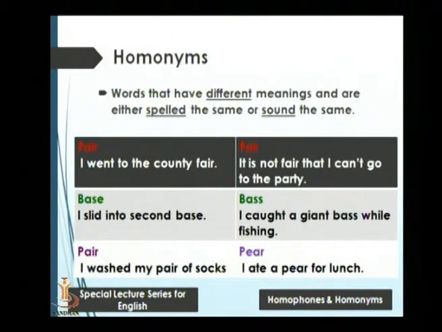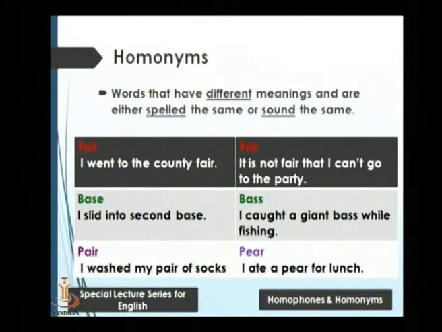Take for example fair, F-A-I-R. We use this word, for example, I went to the country fair. Mero, what we say, for that we use this word fair. The same word can be used in another context: it is not fair that I can't go to the party. Means this is not proper.